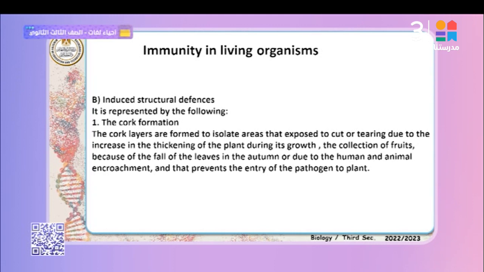This exposure to cutting is treated by cork formation to prevent microbes and pathogens from entering through this cutting. It also happens due to the falling of leaves in autumn or human and animal encroachment, that means interference, and that prevents the entry of the pathogen to the plant.